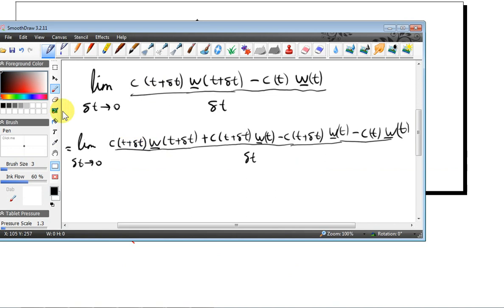So I'll just quickly run through this. What we have to do is just add in these 2 terms here, c at t plus delta t times omega at t, and then subtract it off, of course, because we can't just add it in.